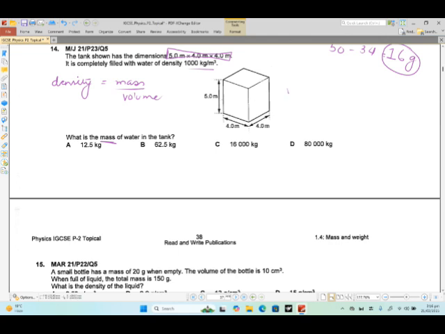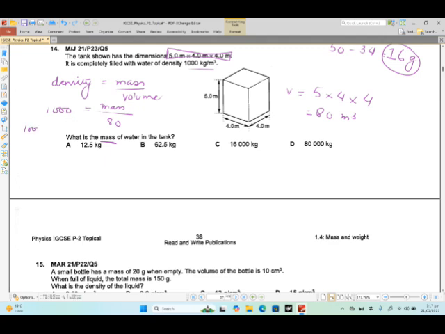So volume can be 5 into 4 into 4, 20, and 20 into 4 would give you 80 meter cubes. So now we have our density, which is 1000 kg per meter cube. We have to find the mass, and we now know the volume to be 80 meter cubes.